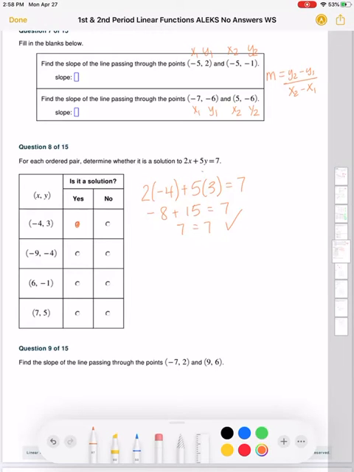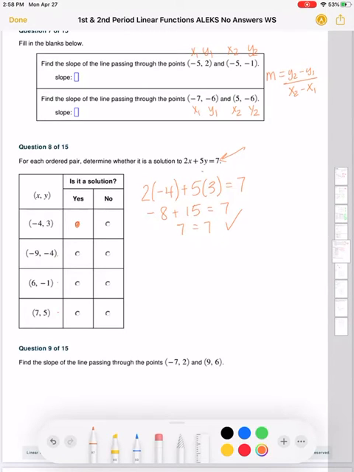You can use a calculator. You can also put this into Desmos. Put this into Desmos, and then see, do these points fall on that line? If Desmos is not something you're comfortable with, I strongly encourage that you type this equation in and just change what's in parentheses.